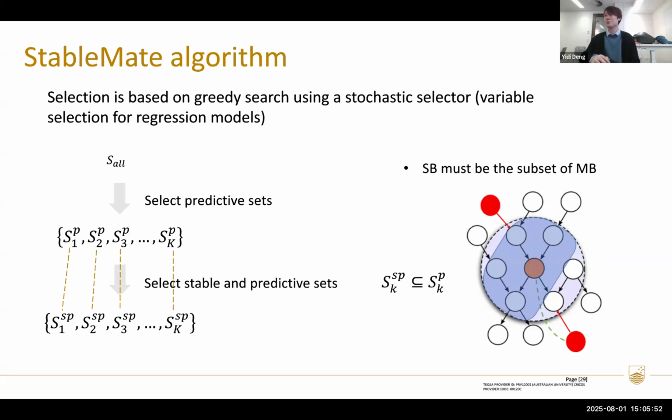It can be proved that the regression model will converge to the causal parents. For example, if you just use linear regression, your unstable predictors will simply be shrunk to zero if you have enough environments and enough environment effects. It kind of makes sense. Statistically, it makes sense.